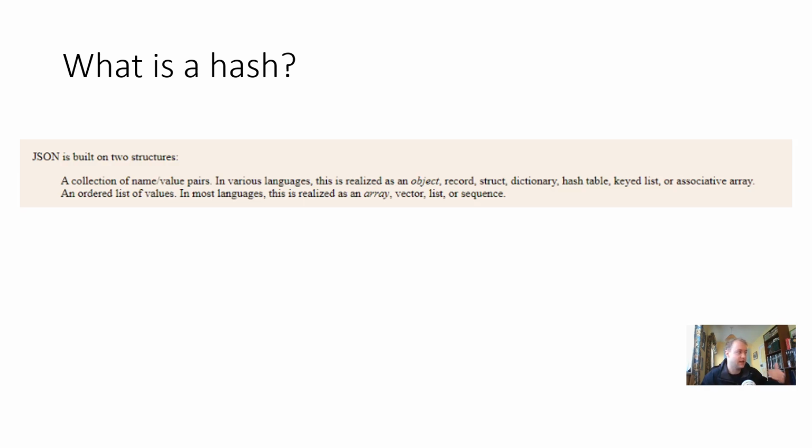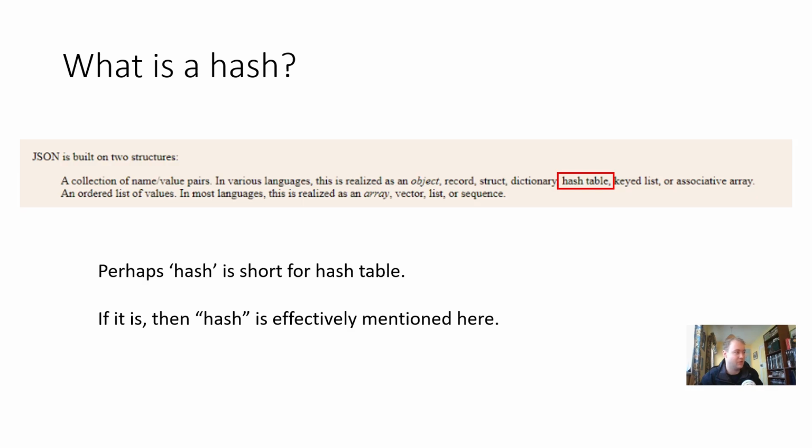So that's the first thing, a collection of name value pairs, and then an ordered list of values. That's an array. So notice how one name for the collection of name value pairs is a hash table. So perhaps hash is short for hash table. If it is, then what they're saying here is that a hash is a collection of name value pairs.